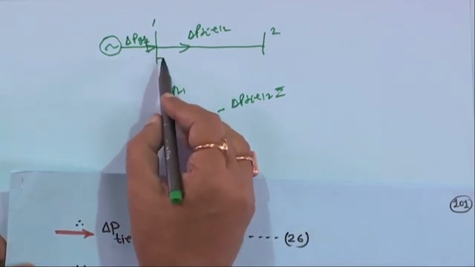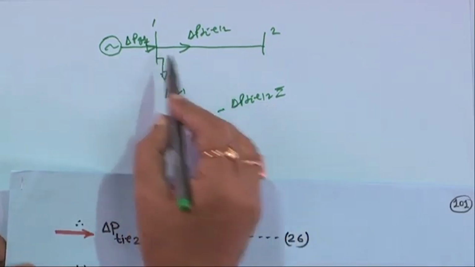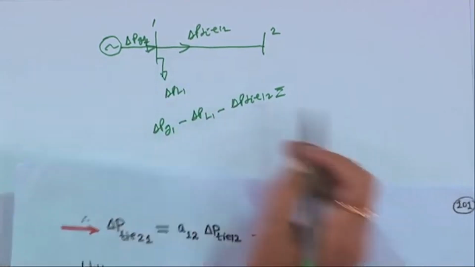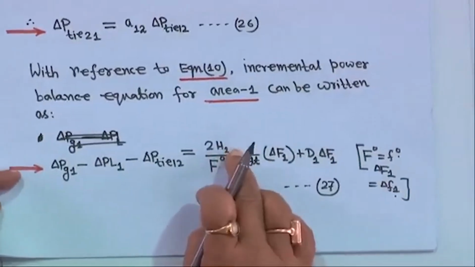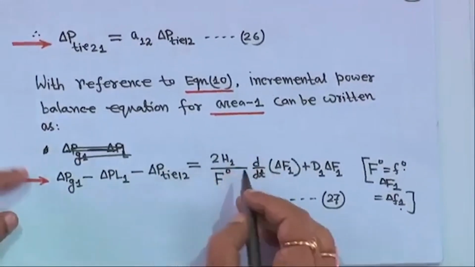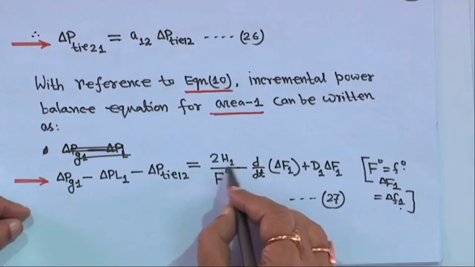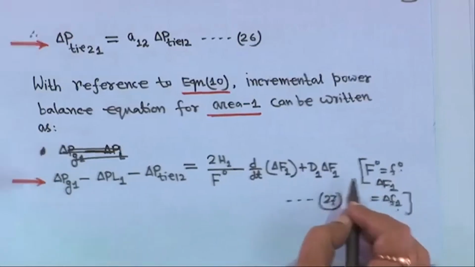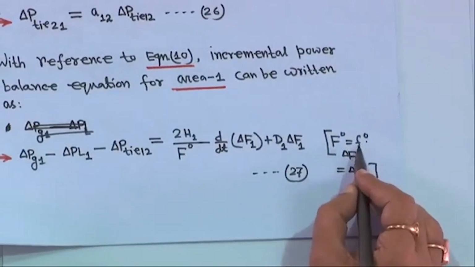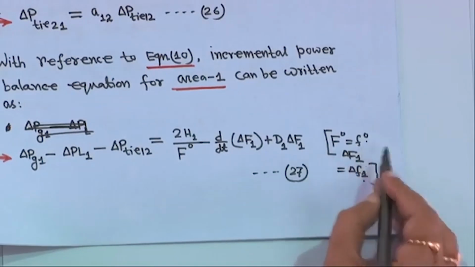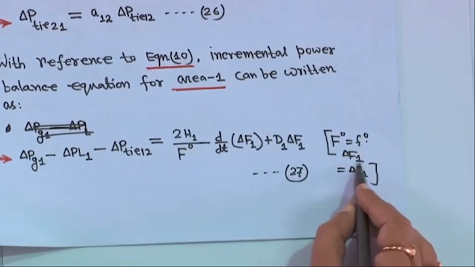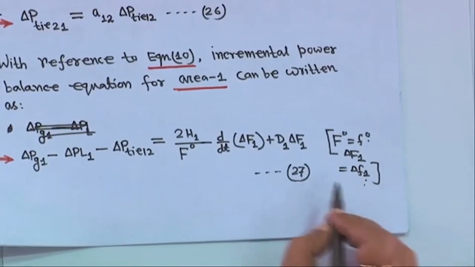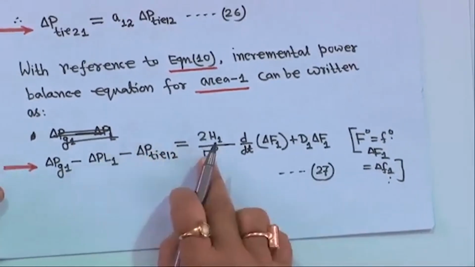So, if you write down the power balance equation, delta Pg1 minus delta PL1 minus delta Pti12 is same as before, 2H1 upon f0, where H1 is the inertia constant, then d/dt of delta F1 plus D1 delta F1. Capital F0 and small f0 are the same, similarly capital delta F1 and small delta f1 are the same, right. So, this is the equation during transient imbalance.